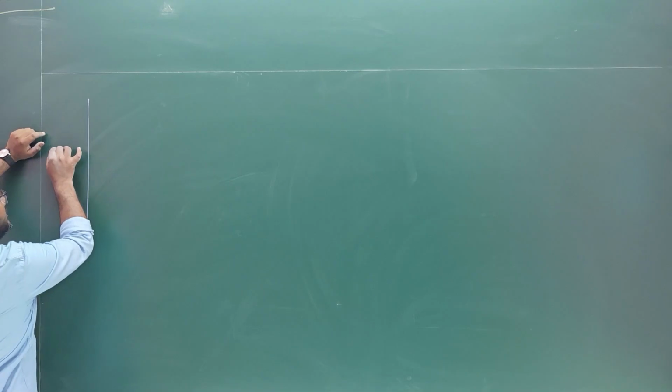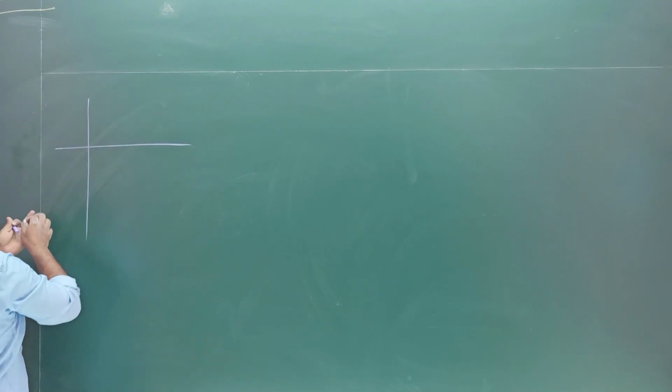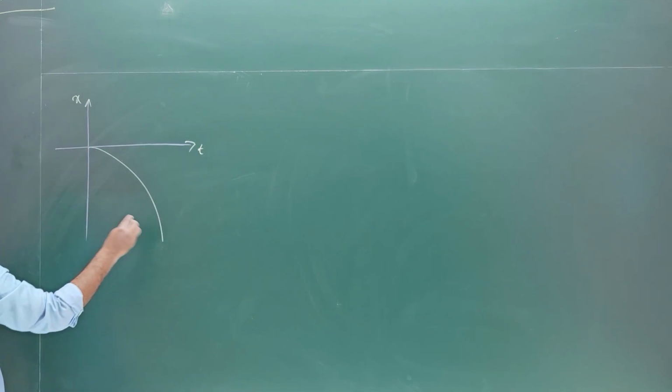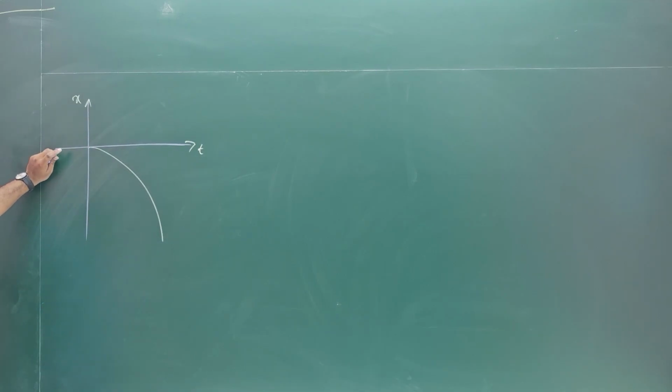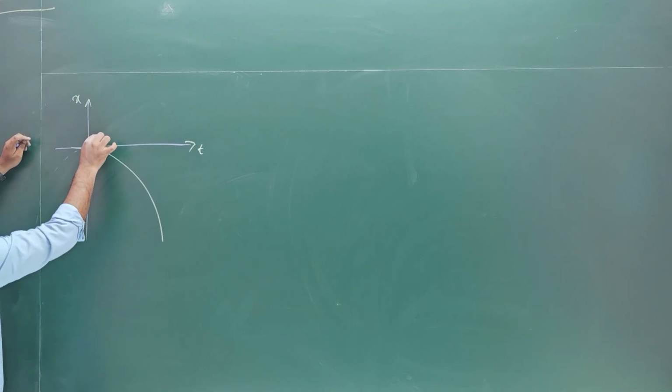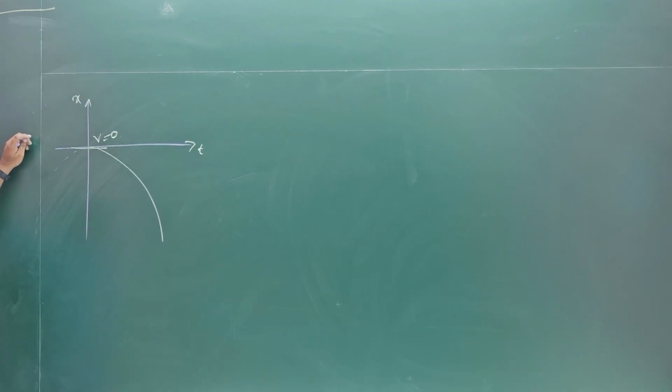Let me understand by this also. This is your X, T, initial velocity. Just tell me the initial velocity. 0. Why? Because what will be the velocity here? 0. So initial velocity is 0.